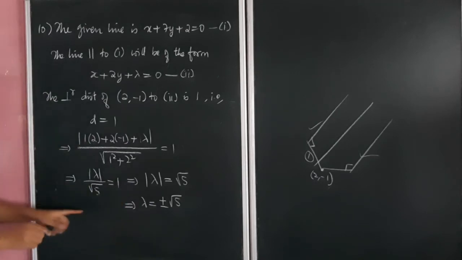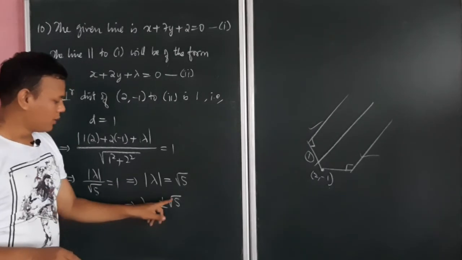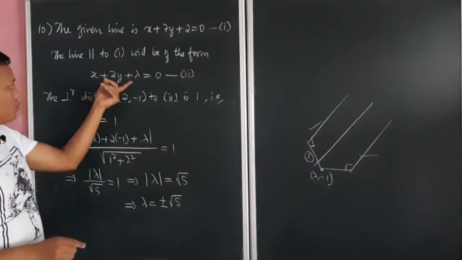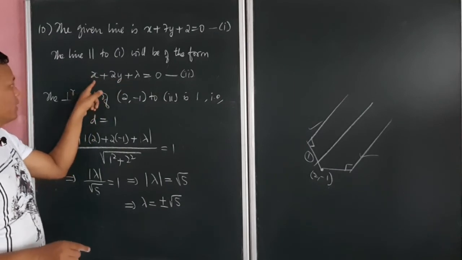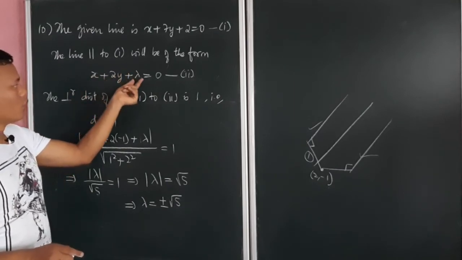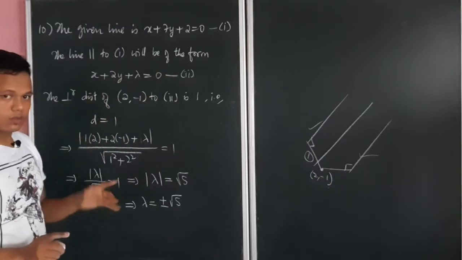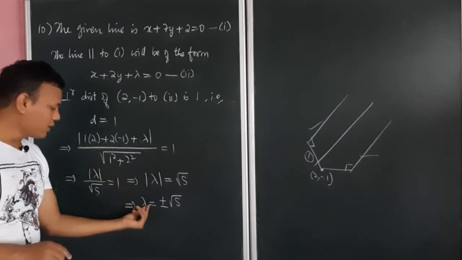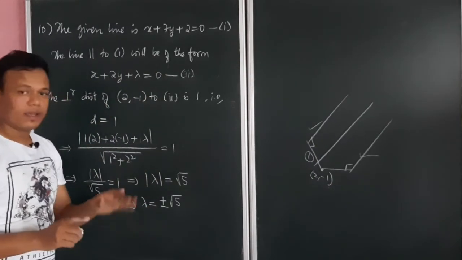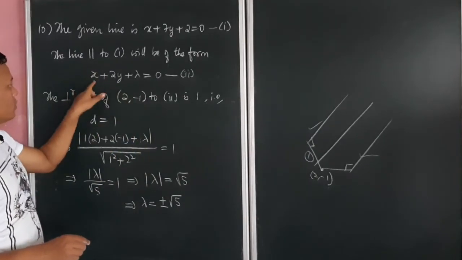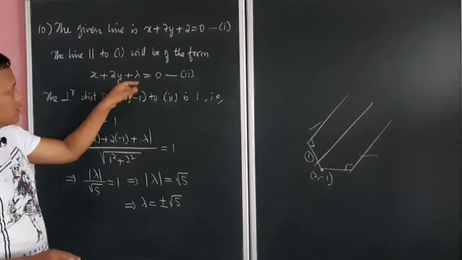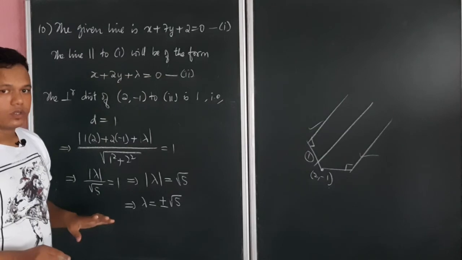If I take the value of lambda to be plus root 5, then from 2 one of the equations will be x plus 2y plus root 5 equals to 0. And if I take the value of lambda to be minus root 5, then the other equation will be x plus 2y minus root 5 equals to 0.